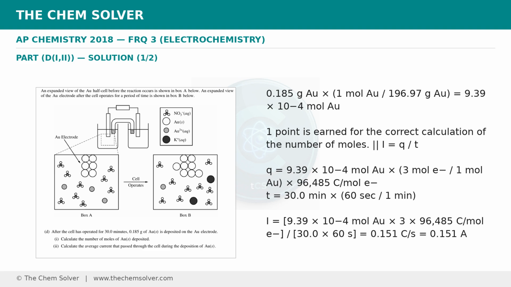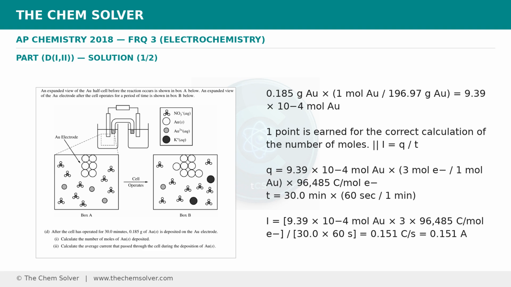I equals Q / t. Q is equal to 9.39 times 10 to the power minus 4 moles Au times 3 moles e minus / 1 mole Au times 96,485 C / mole e minus. t equals 30.0 minutes times 60 seconds / 1 minute.